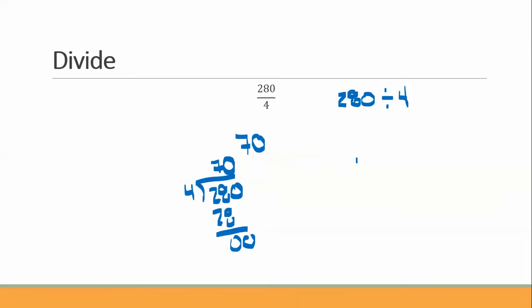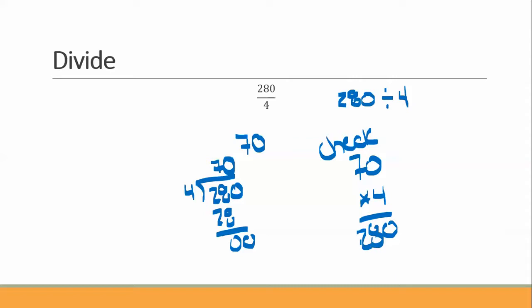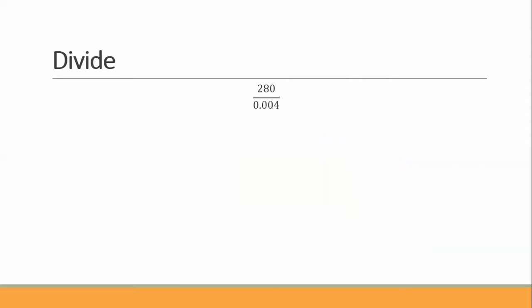Because division is an inverse of multiplication, we can actually check our answers by multiplying. 70 times 4 is 280, so it checked out. Now we just found out that 280 divided by 4 equals 70.